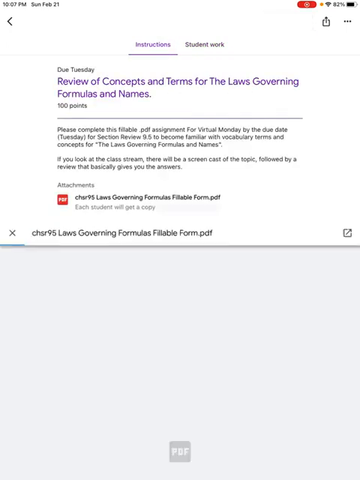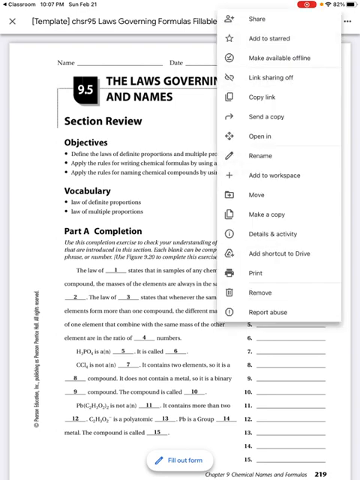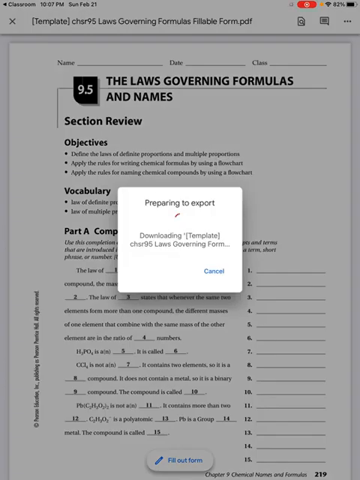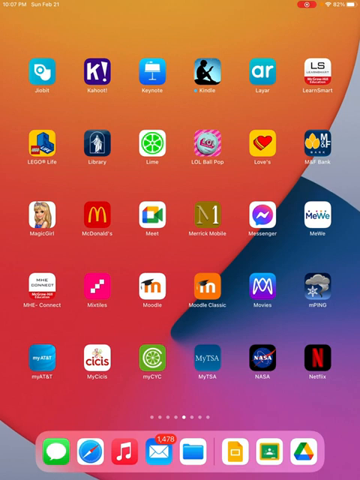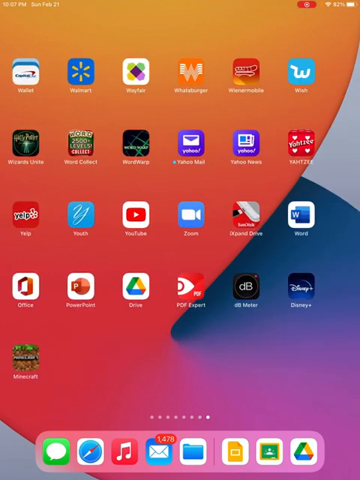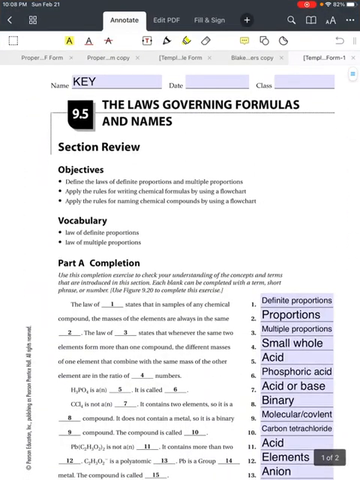Here it is, and it looks like this. If you save it and open in a new window first, you can open it in a different program. And what I've done is open it in a program that allows me to edit my PDF. And here is your homework.